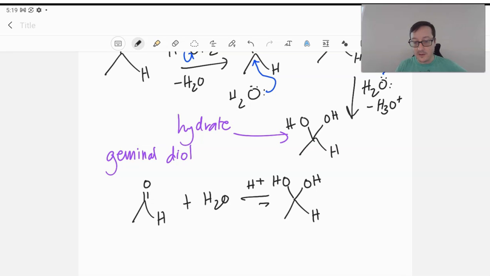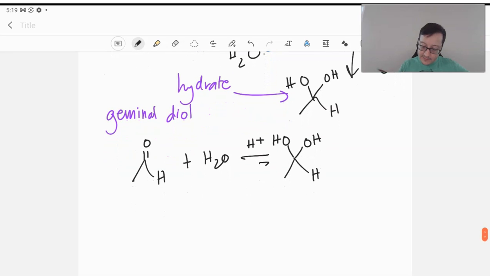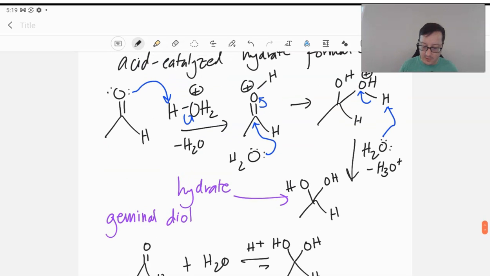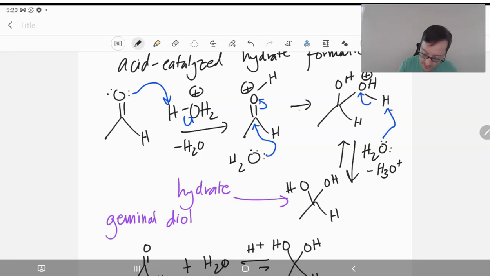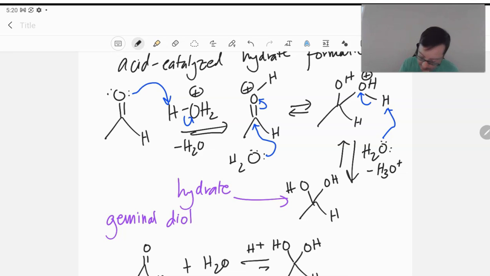And so we might see this. Suffice it to say, whenever you form a geminal diol in other reactions, they will often very rapidly go in the reverse process. All of these are equilibrium reactions, I should mention, for everything in this section.